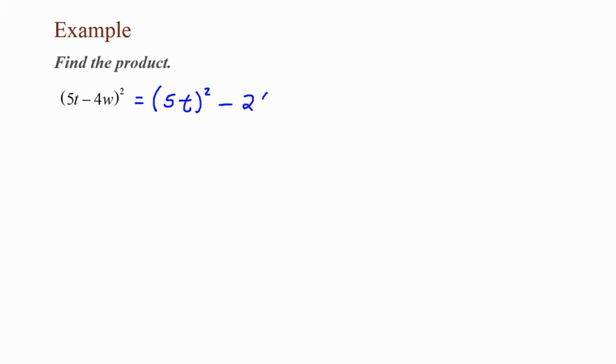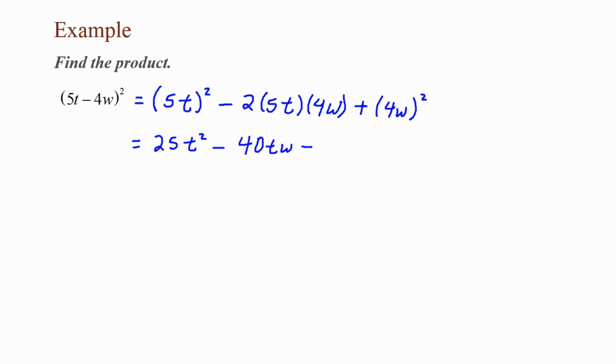Then I'm going to have 2 times my first term, which is 5t, times my second term, which is 4w, plus my last term squared, so 4w squared. 5t squared is 25t squared, minus 2 times 5 is 10, times 4 is 40, tw, plus 4w squared is 16w squared.